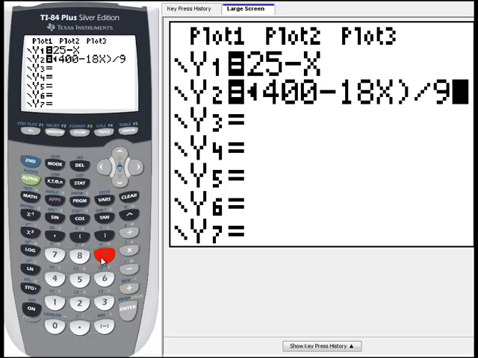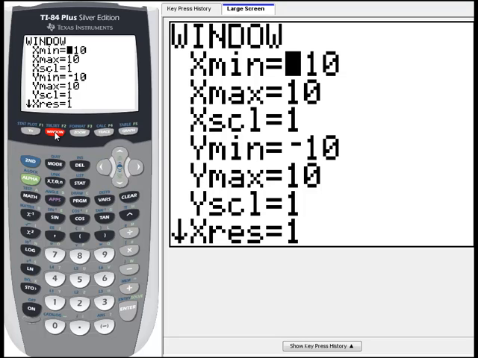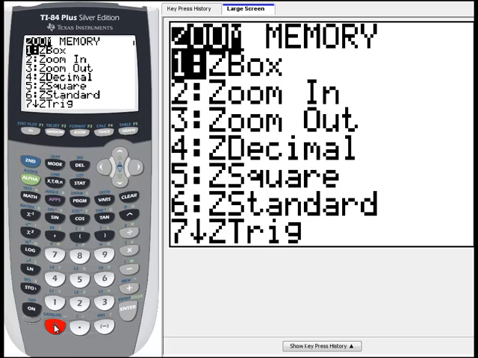So maybe we set up a coordinate system that has that. Go to the window, x min 0, x max 25, and let the calculator worry about getting the y-axis set up so that the graphs entirely appear, which means a zoom fit. Zoom 0.